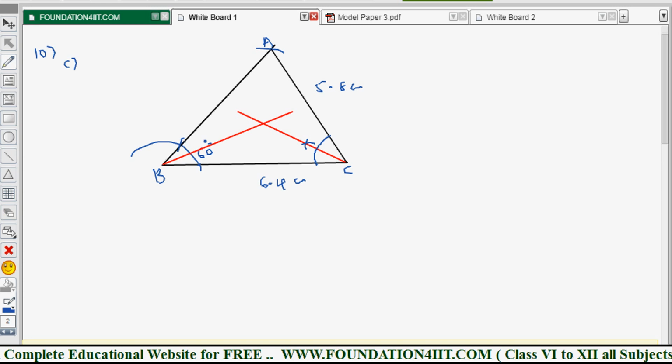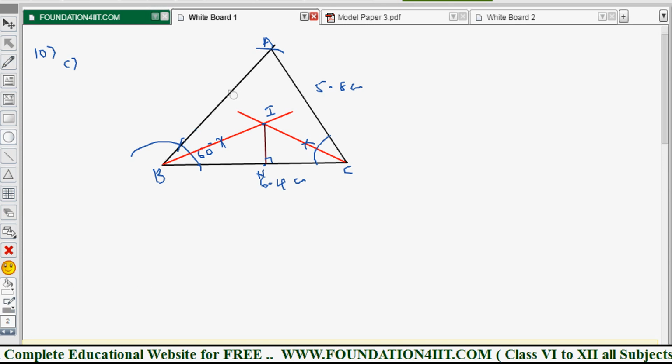Take an arc and cut both. Where they join, from that you can draw a perpendicular line to the base. This is the incenter I, and with IN as the radius, you can draw the circle.